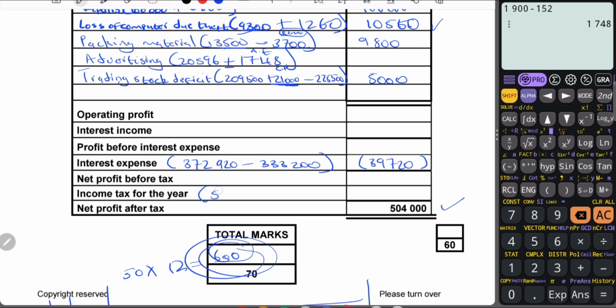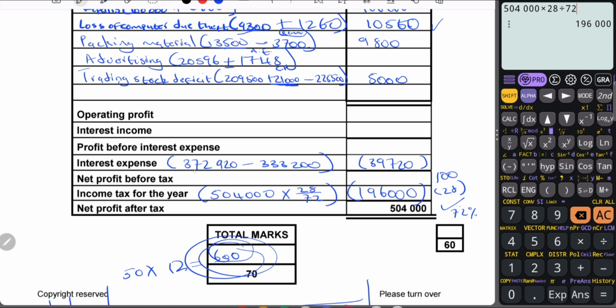We can get it by saying 504,000 multiplied by 28% over what we are given. So remember, this one is always 100, this one is 28%, then this one will be 72%. So it's going to be 504 multiplied by 28 all over 72.